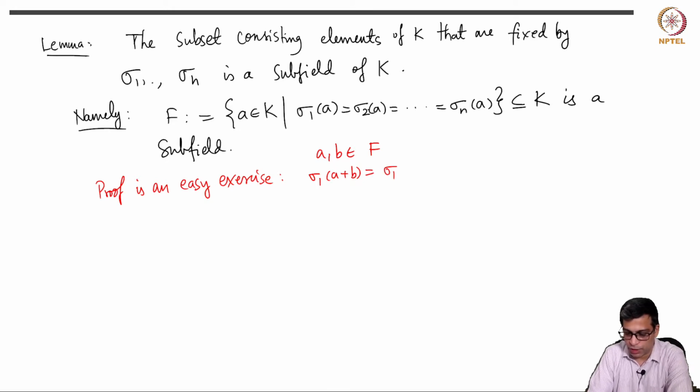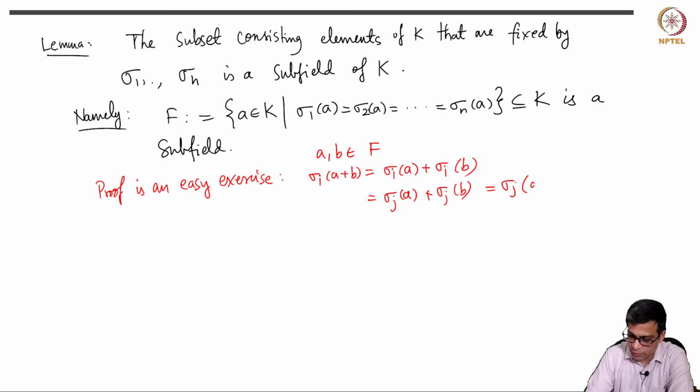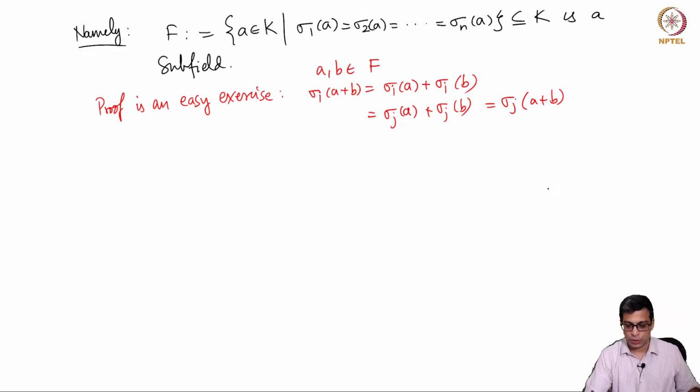Because sigma 1 is a homomorphism, that is the same as sigma 1 of A plus sigma 1 of B. But this is true for any i: sigma i of A plus B is equal to sigma i of A plus sigma i of B. Then because A and B are in the fixed set, sigma i of A is the same as sigma j of A, and sigma i of B is the same as sigma j of B, which is the same as sigma j of A plus B. You use this idea to show that F is a subfield.